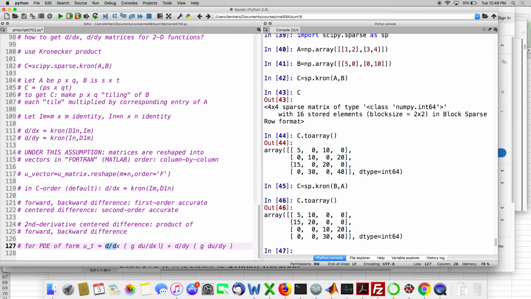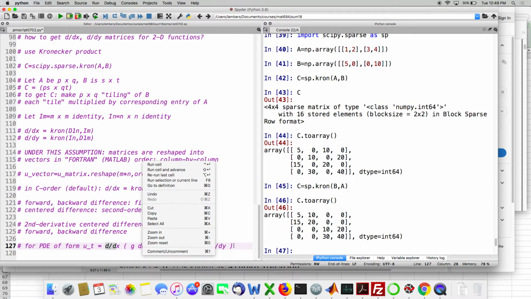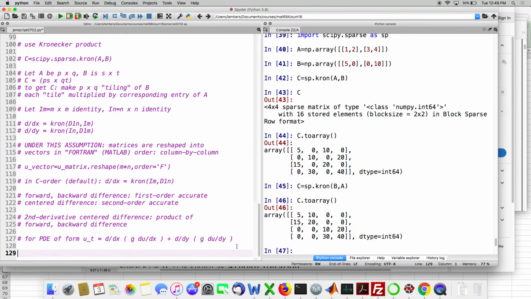That exercise shows another way that uses a staggered grid, because you would not use both forward difference here and here, or both backward difference. The reason why is to make sure that the resulting matrix that you get is symmetric.